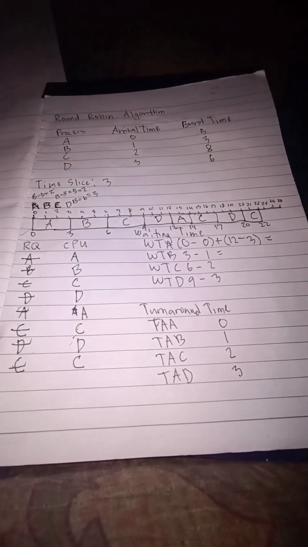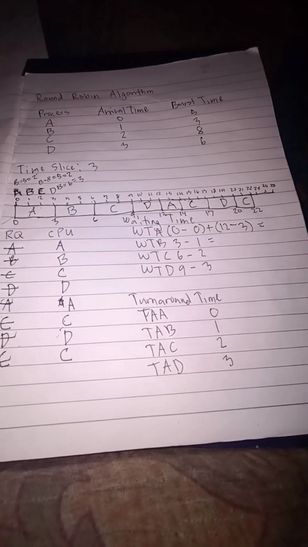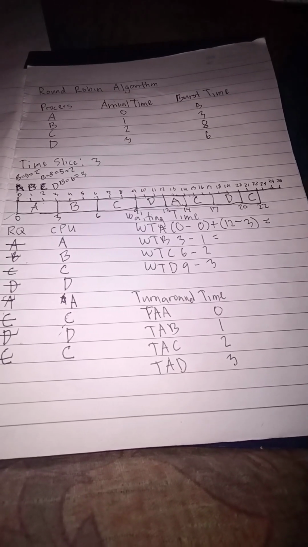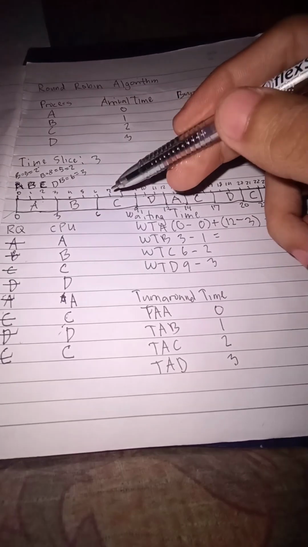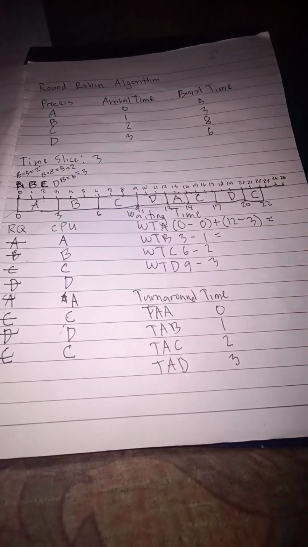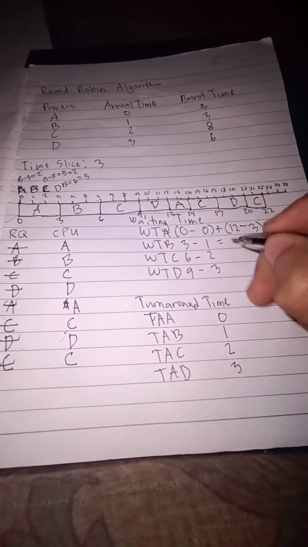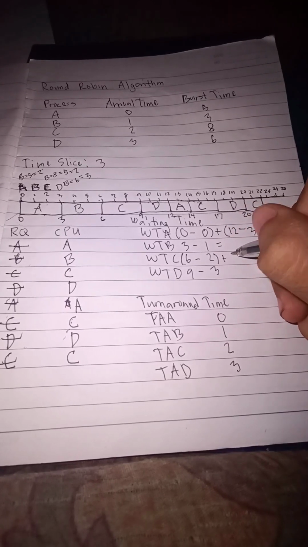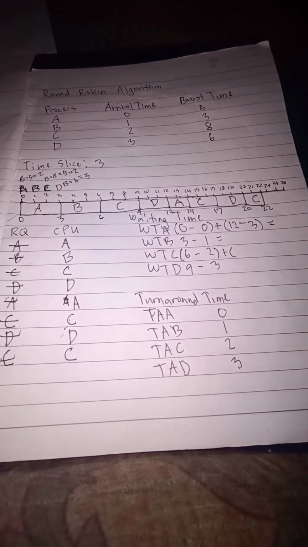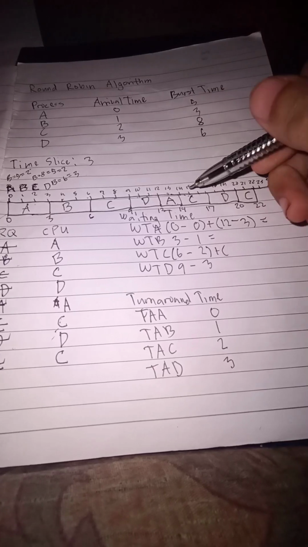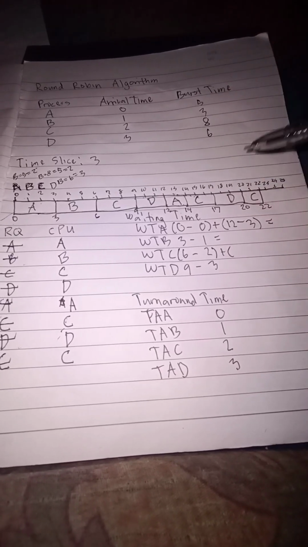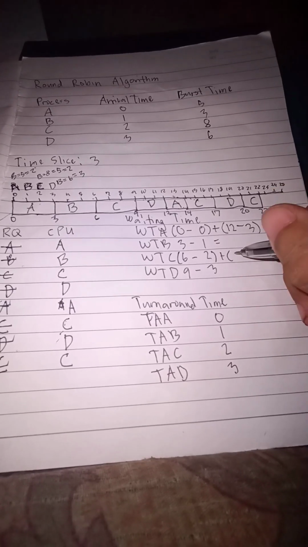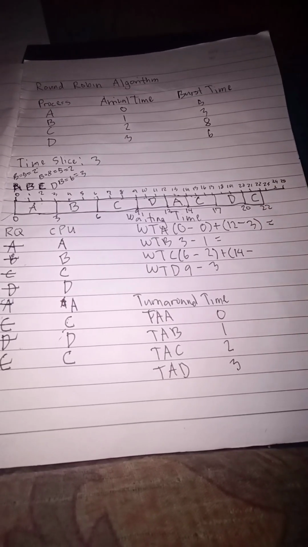Now C is quite a long solution because it has three executions. So we're just going to put it in a parenthesis and plus. Let's look at the second execution. Its waiting time is 14. So let's put 14 here.